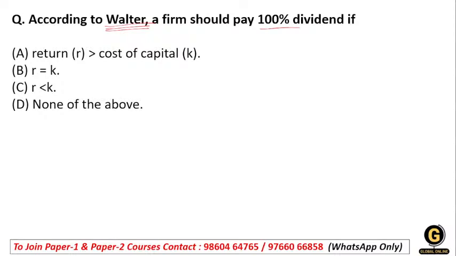In the Walter dividend model, the decision to pay the dividend depends on the relationship between the ROI, return on investment, that is R, and the cost of capital, that is K.